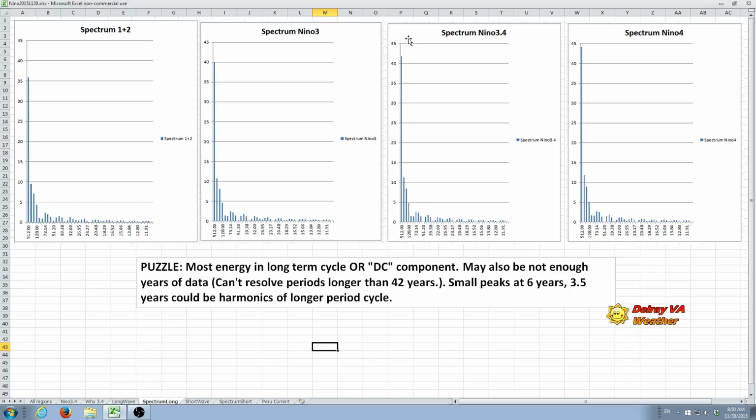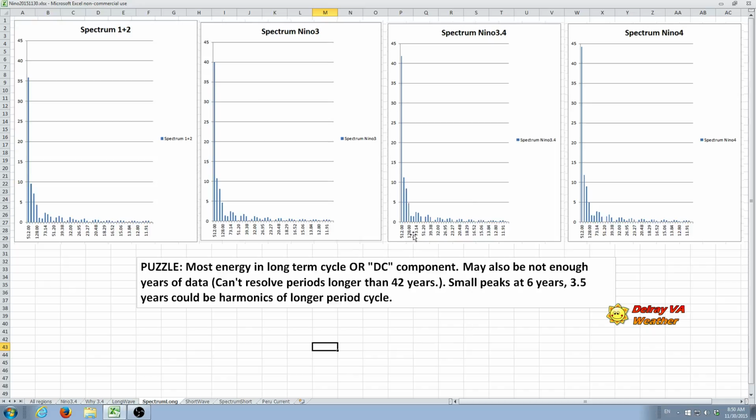And so there may be a peak here, and then longer cycles drop off when you get the higher things. But we don't know, because there's no data back beyond about 1979, because they didn't measure sea surface temperature in the equatorial Pacific accurately like they do now by satellite.